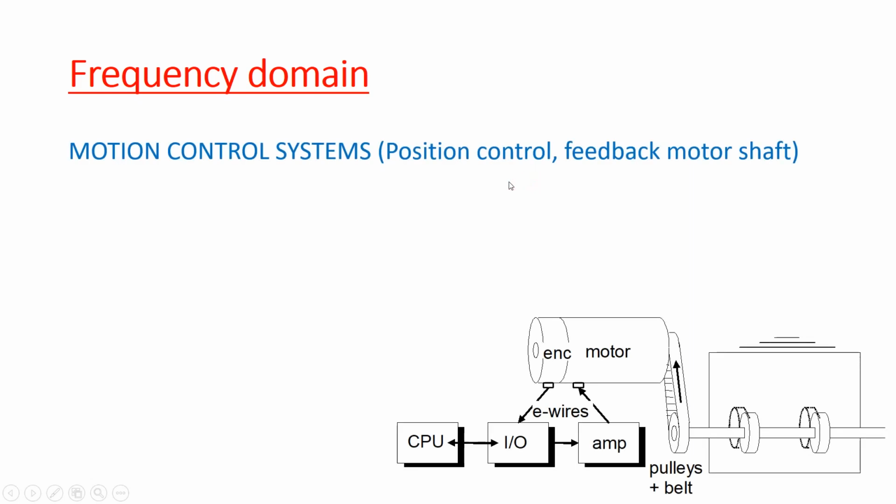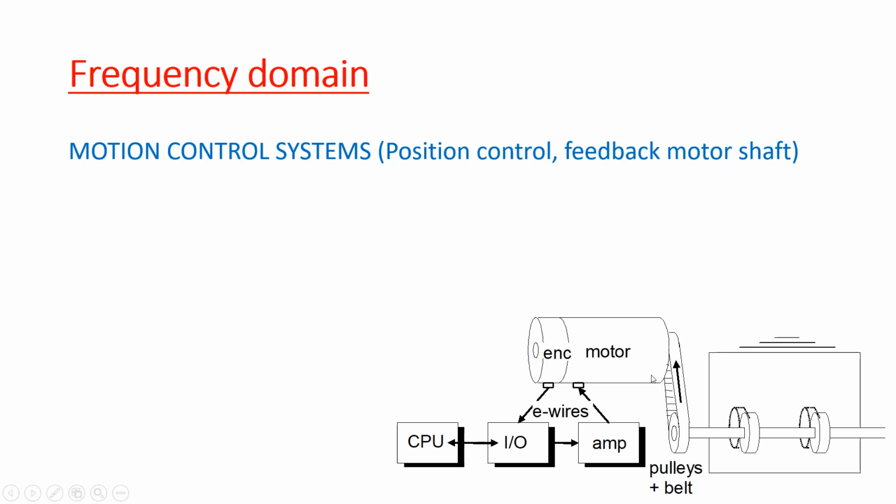First of all, let's start with motion control systems. They are often defined in the frequency domain. And we start with a system which looks like this, which consists of a motor which drives a load over here through a flexible transmission, which could be a transmission belt.